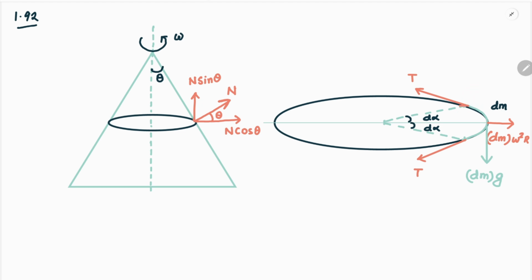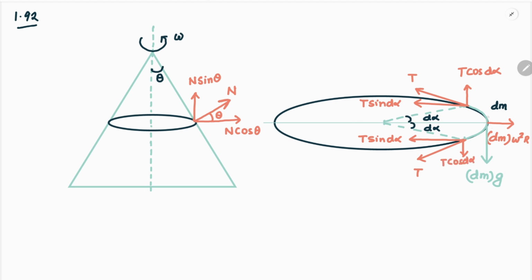The tensional force can be considered in this way, where the two components will be in this direction. This is T sin d alpha, this is again T sin d alpha. We can also draw T cos d alpha, but the cos component will eventually be cancelled, and this is again T cos d alpha.